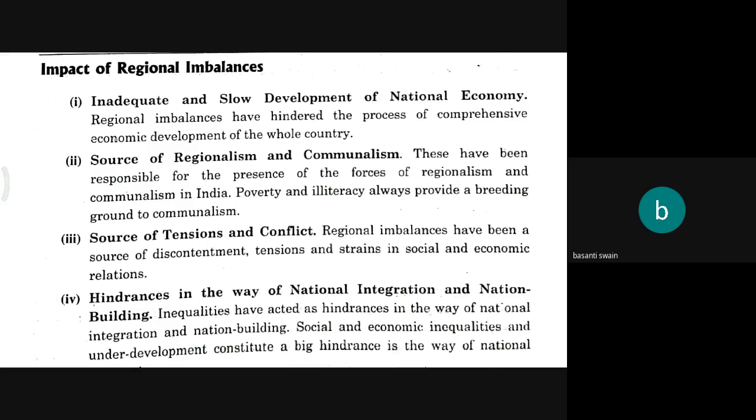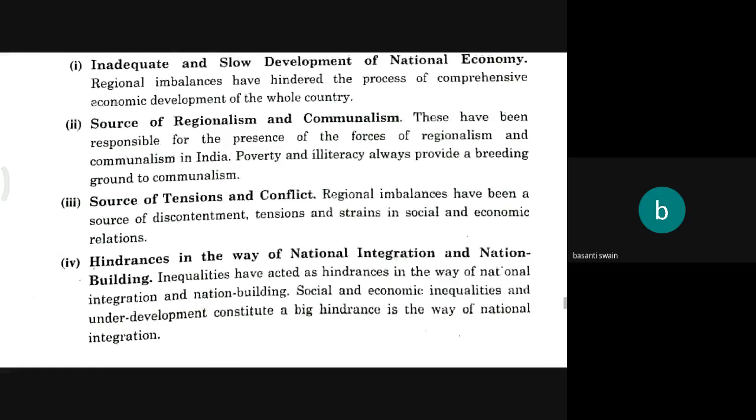Number two, the source of regionalism and communalism. Regional imbalances create a feeling in people's minds that gives rise to regionalism and communalism. These have been responsible for the presence of the forces of regionalism and communalism in India.